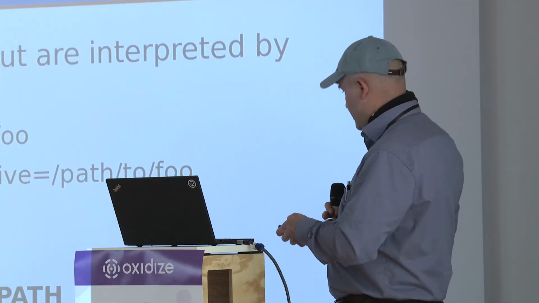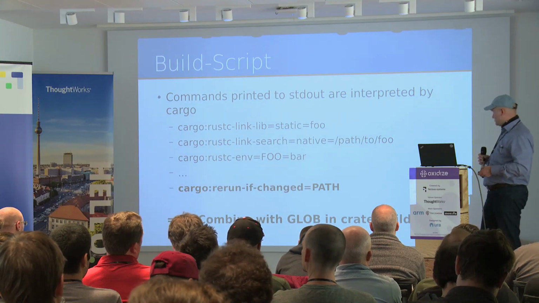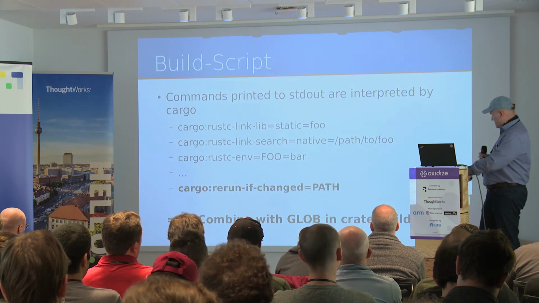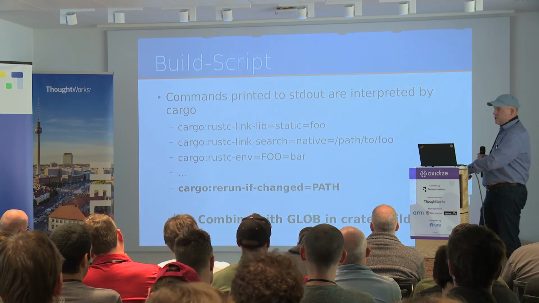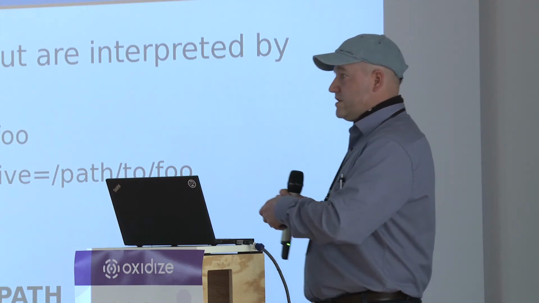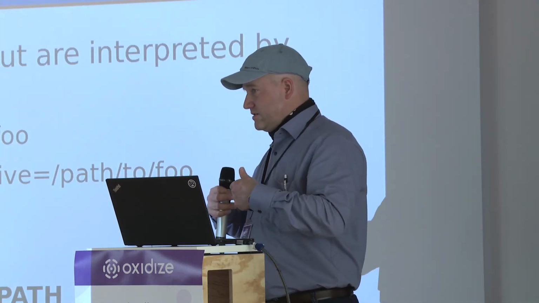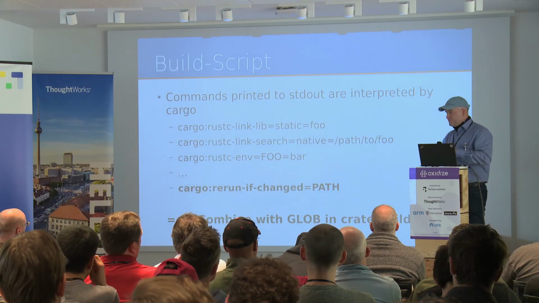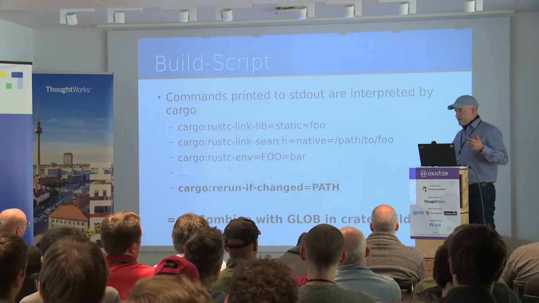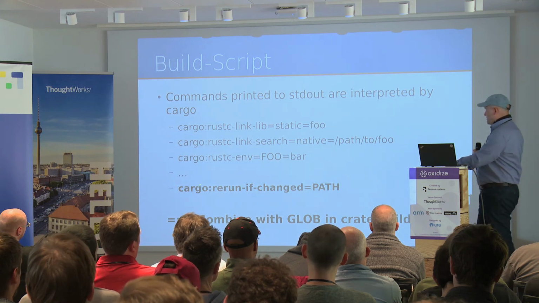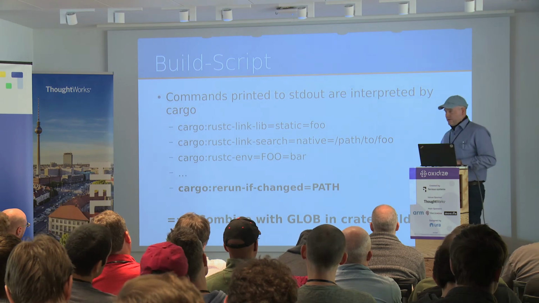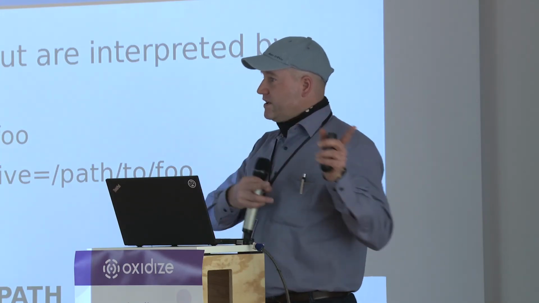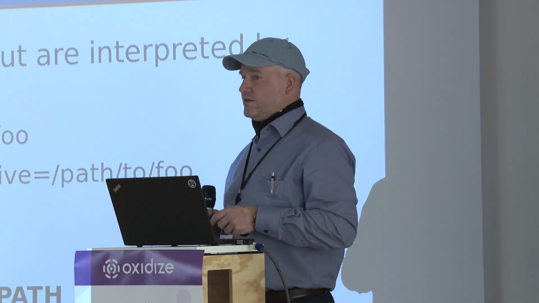You can monitor all these situations. So what I did is very simple. I combined this feature with a glob pattern, which takes a file pattern, expands it, and calls rerun-if-changed for all the entries matching this file pattern, telling Cargo to monitor the complete enumeration.